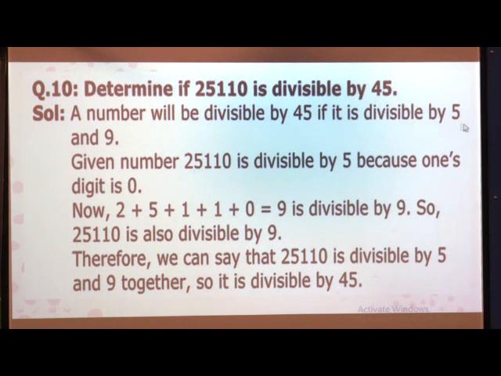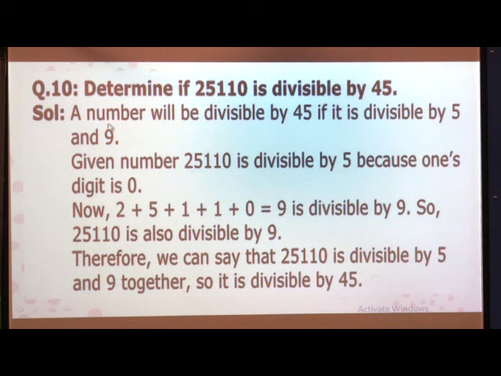So, what is the divisibility rule to find whether the given number is divisible by 5? If the number has 0 in its ones place, then we can say the number is divisible by 5. Now, for this number we have 0 in its ones place, so it is divisible by 5.